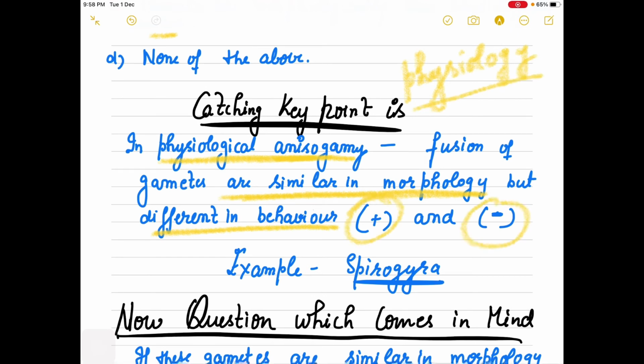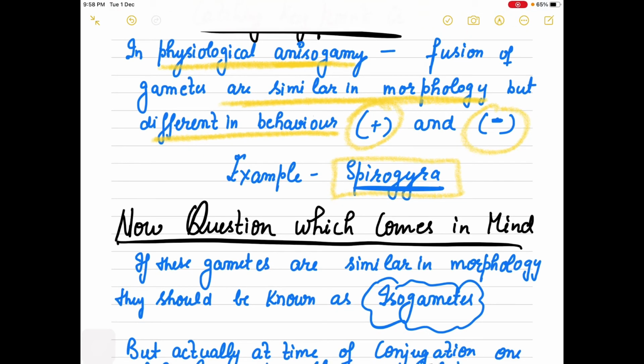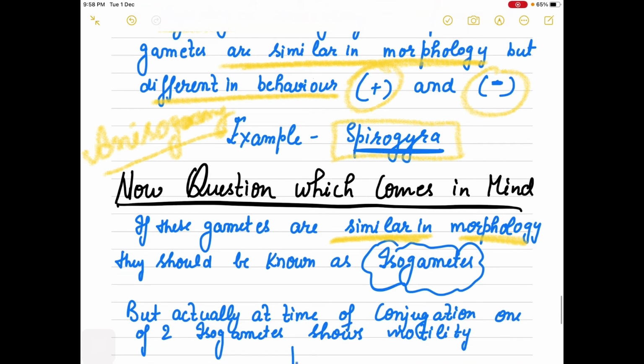That is the positive and negative type, that is Spirogyra. In simple language, the gametes look similar in morphology, opposite to what we discussed in normal anisogamy. In normal anisogamy we said the gametes are dissimilar in morphology. So similar in morphology, then they should be isogametes.